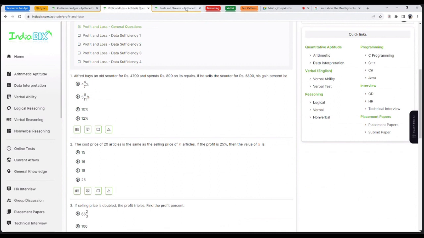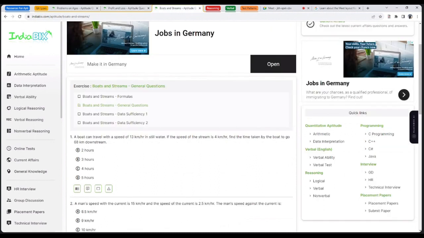The last one that I'll be showing now is boats and streams. Most of us might be familiar with this. We might have learned this in our +1 +2 physics, the upstream and downstream. They'll give you the speed of the river, and say that a boat goes at so and so speed opposite to the direction of the flow of the river. That's upstream. They'll ask you the time taken by the boat to cover so much distance.